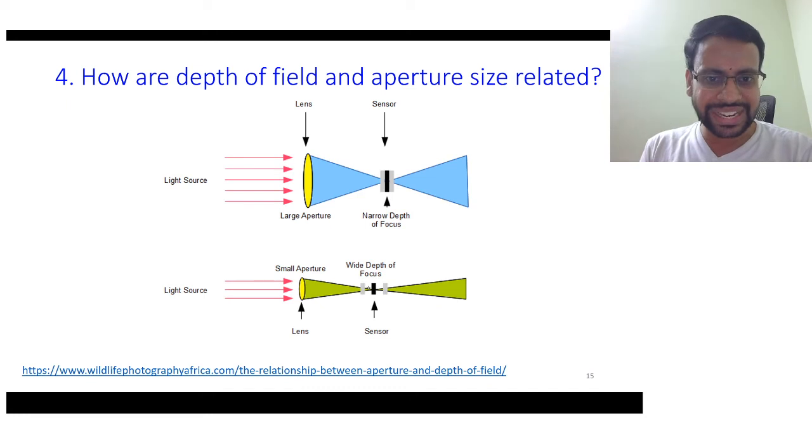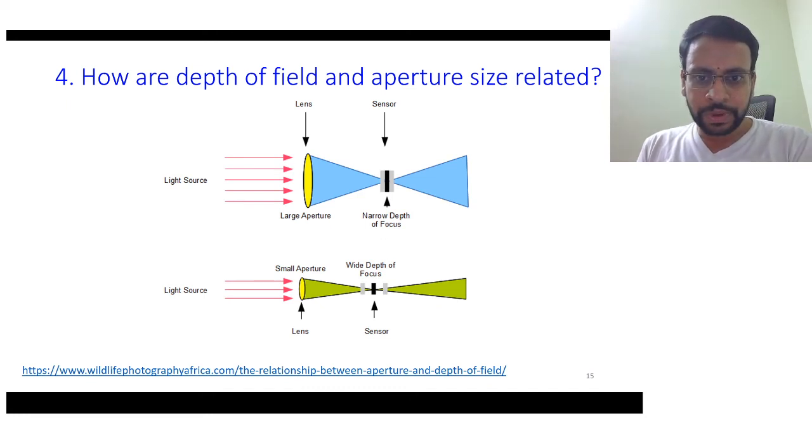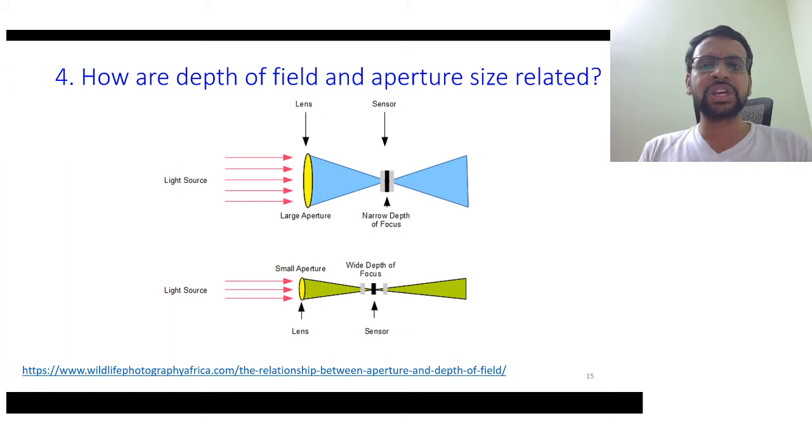So for a given lens and a given distance between the lens and the sensor and other parameters, when there is a small aperture, for the same angle, if you take this brown region before and after the screen or sensor, it gives you the acceptable range. And if you take the same angle, you could see the acceptable range is more when you have a small aperture.